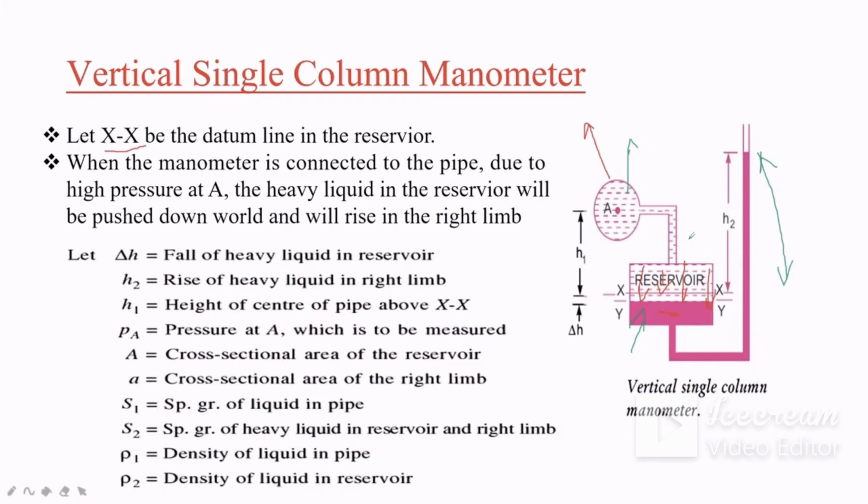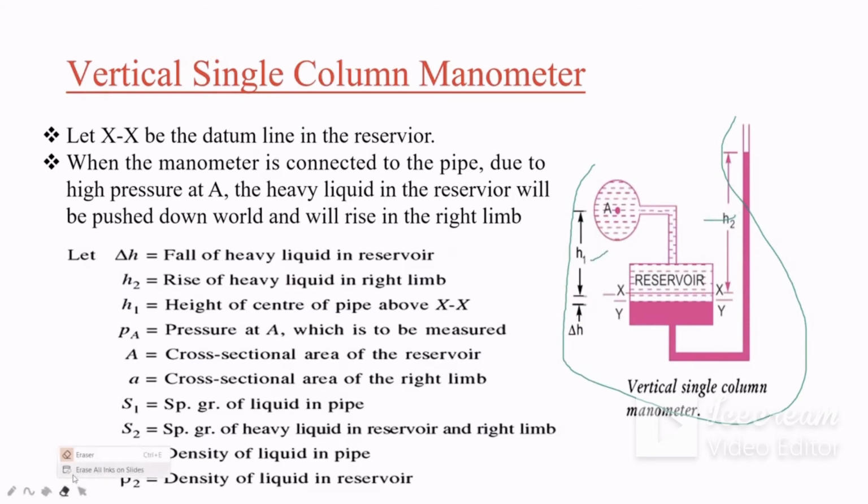Then what are the conditions? We will define everything. This image is important, and the terms are important, so we should note them down very carefully. Let delta H be the fall of heavy liquid in the reservoir.